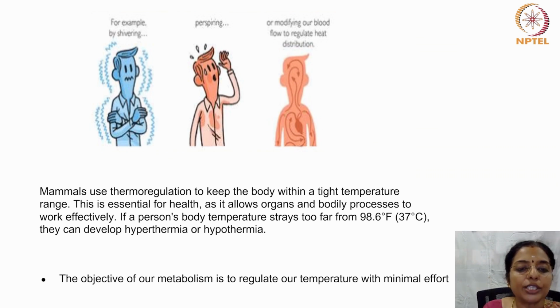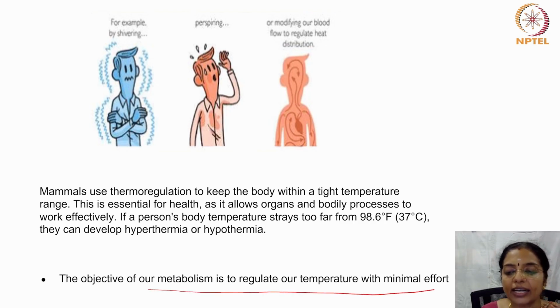Mammals use thermoregulation to keep the body within a tight temperature range. The ultimate objective of our metabolism is to regulate our temperature with minimum effort. This is essential for health as it allows organs and bodily processes to work effectively.